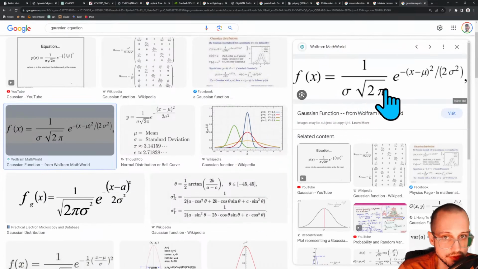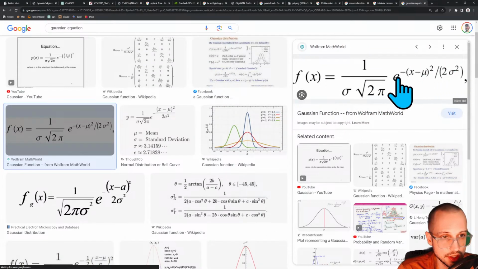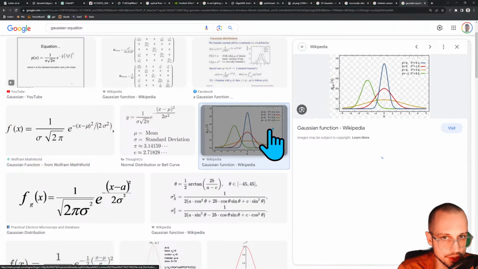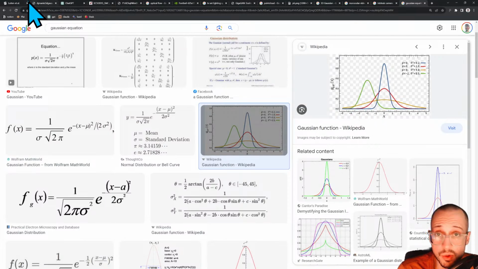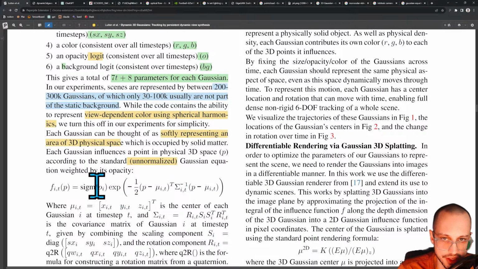This is the equation for a Gaussian function, and this term here normalizes it. By dividing by this, you make sure that the area under the curve is exactly 1, but here it's unnormalized, so they don't have that part at the front.